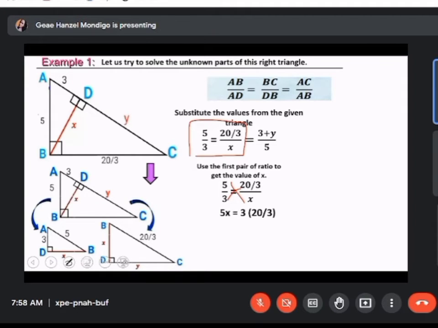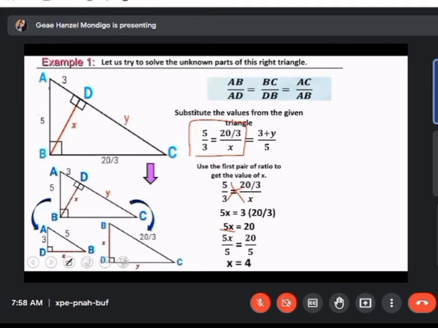The next step is we are going to simplify. We have 5x is equal to 20. So find the value of our x by dividing both sides by 5. Para x na lang mabilin diri, right? So we have 5x over 5 is equal to 20 over 5. Then our x is equal to 4.